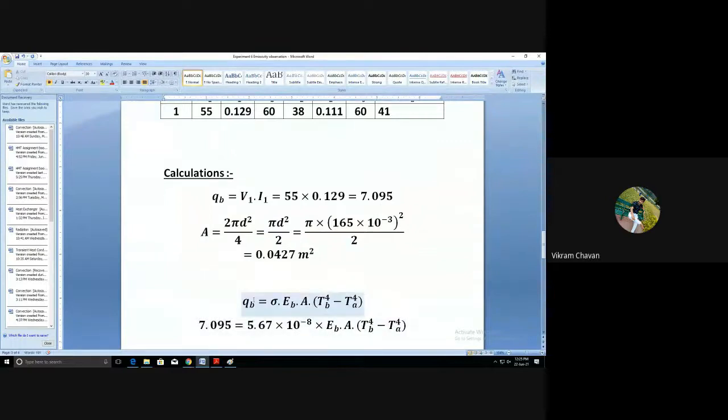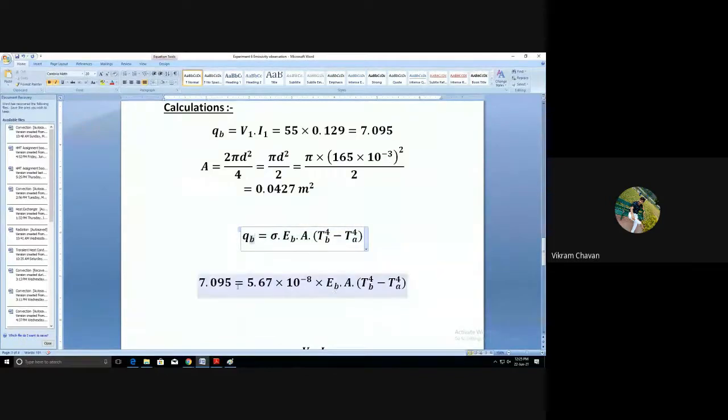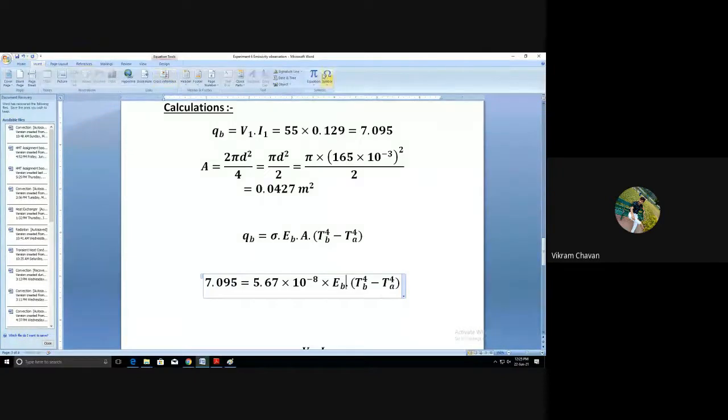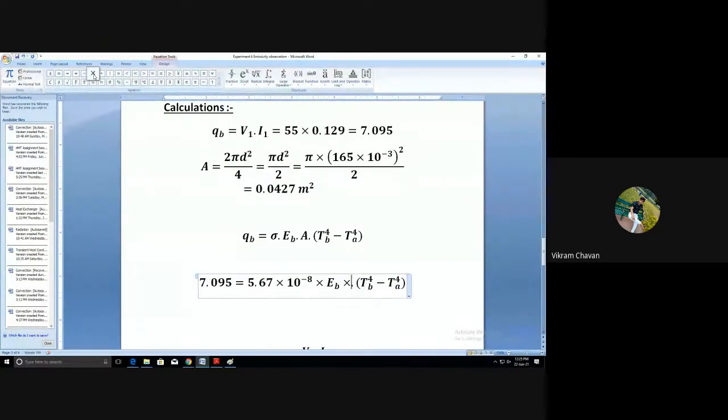Now you can put these values in this formula to calculate E suffix B. The area value is known: multiply by 0.0427, multiply by TB, 60 raised to 4, minus 41 raised to 4.